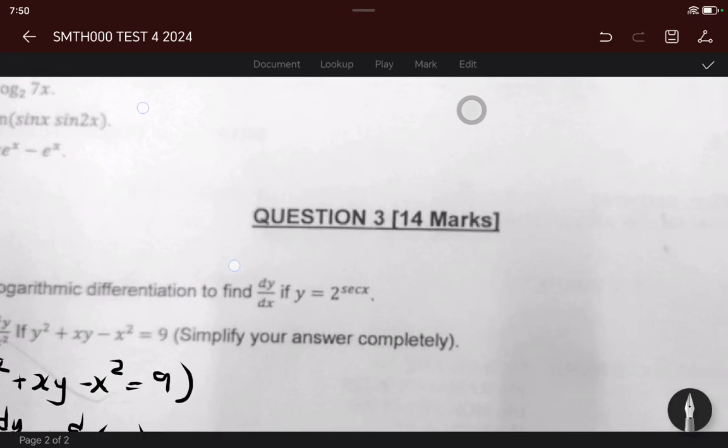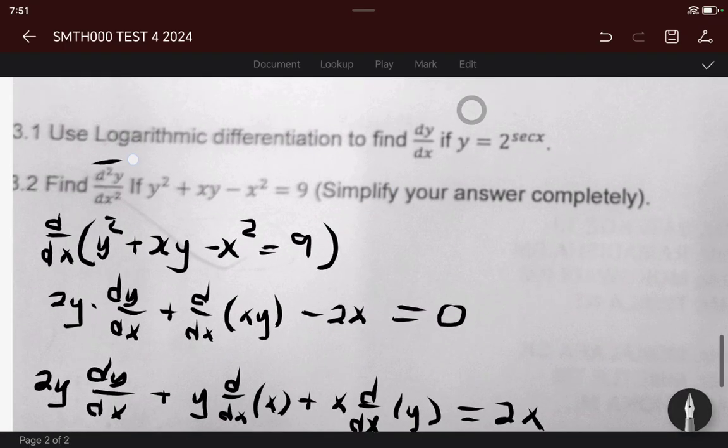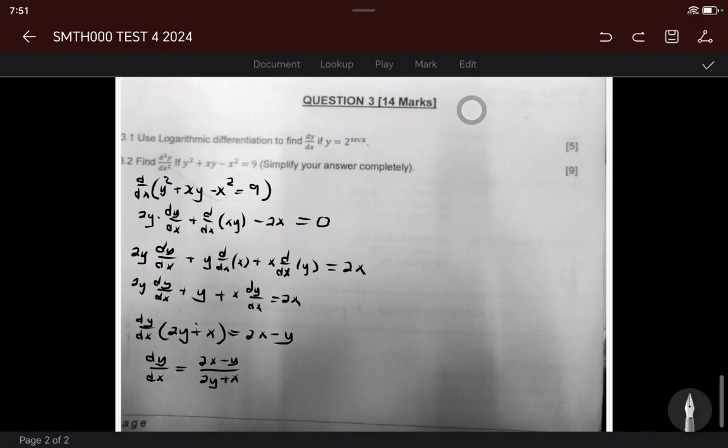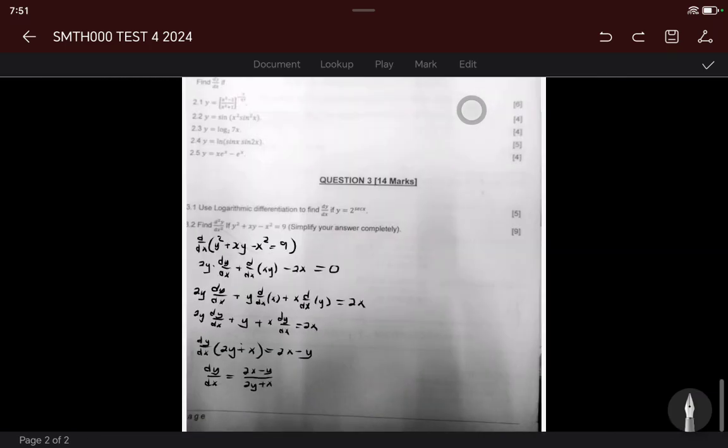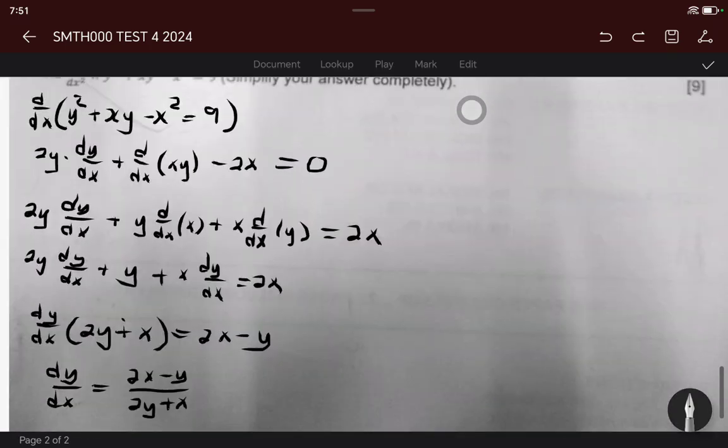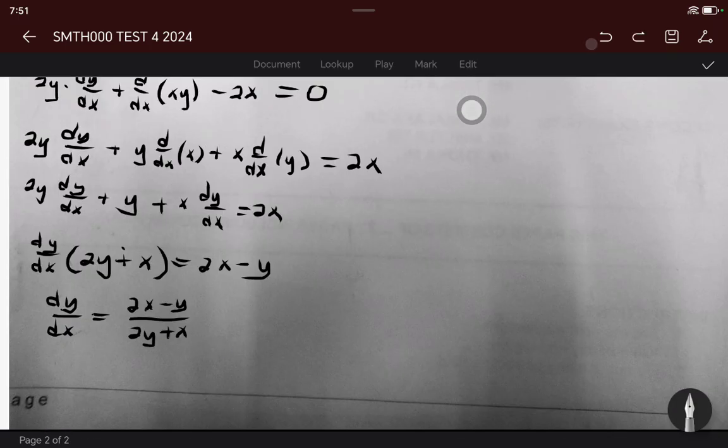But then we are asked to find d squared y over dx squared. So what we are going to do now, we're just going to come to this question, the final solution. We introduce both sides, d over dx.